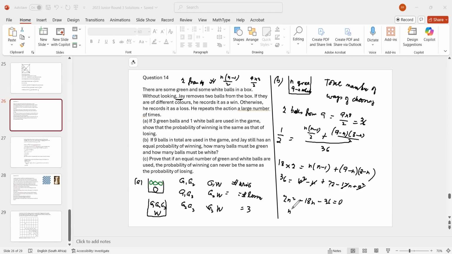And you have n squared minus 9n plus 18, no wait, 72 minus 36 is plus 36, so dividing by 2 gives plus 18. All right.